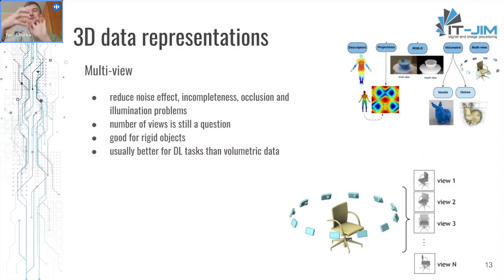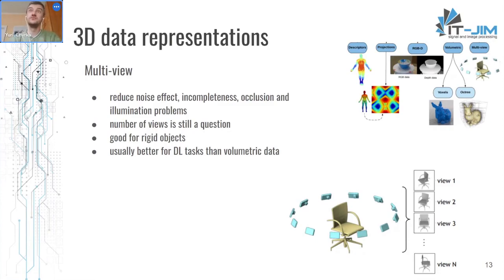Because when we describe three-dimensional objects by views from multiple points, we can reduce many negative effects, such as noise, incompleteness of shape description, and occlusions that can take place when we work, for example, with RGB-D images, and there may be illumination problems when there are some reflected lights when we observe objects from particular points.